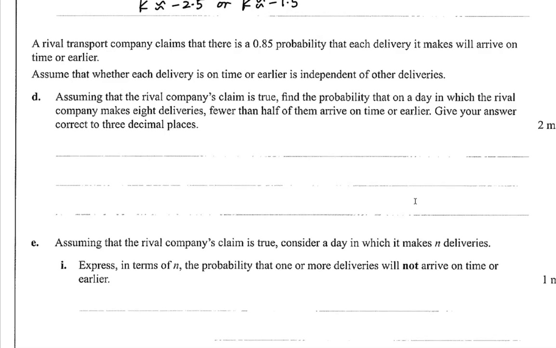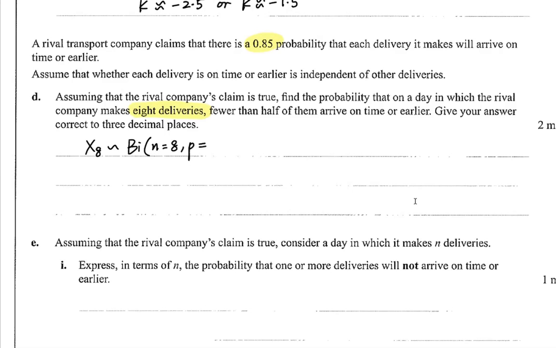Right, part D. Arrival, 0.85 probability that each delivery it makes will arrive on time or earlier. So this is your probability of success. 8 deliveries. Let's say x8 is a binomial distribution, n equals 8.